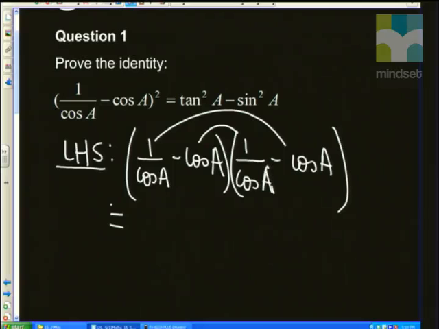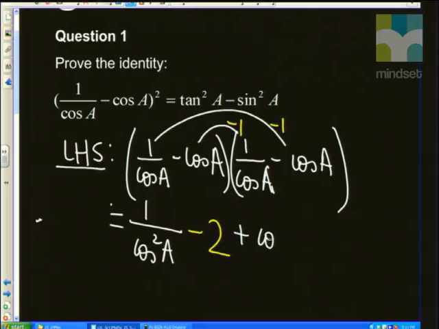So we've got 1 over cos squared A, and we've got a minus cos A multiplied by its reciprocal. What is a number multiplied by its reciprocal? Always 1. So over here, I'm getting a negative 1, and over there, I'm getting another negative 1. So I'm getting a negative 2 as my outers and my inners, and then my last terms give plus cos squared.